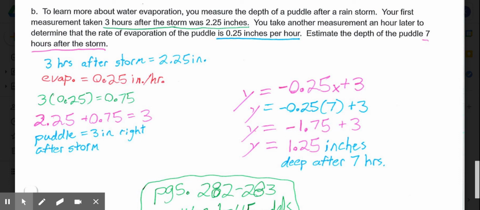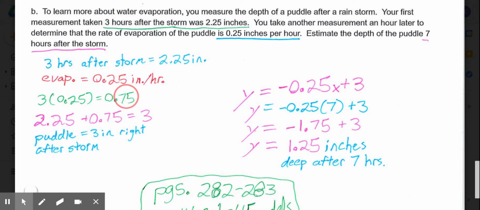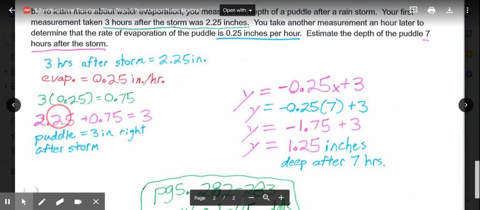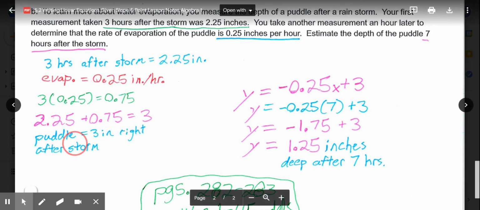Well, what we can do is we take the 0.25 inches per hour and multiply that by the 3 hours that have passed, and we know that 0.75 inches have already evaporated. So when we add the 0.75 back to the 2.25, we get 3 inches, which is where the puddle was right after the storm.